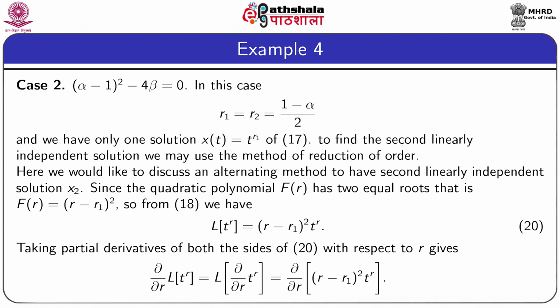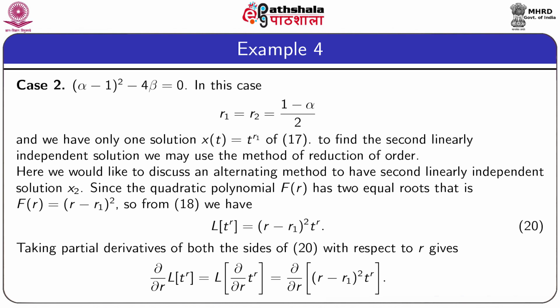Since the quadratic polynomial f(r) has two equal roots, that is f(r) is equal to r minus r 1 whole square, from 18 we will have L of t to the power r equal to r minus r 1 whole square t to the power r.